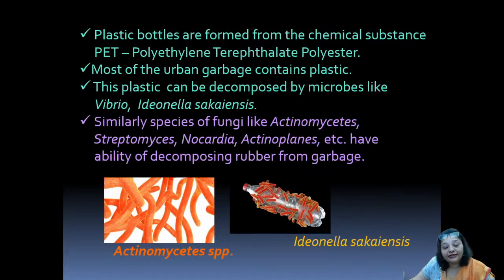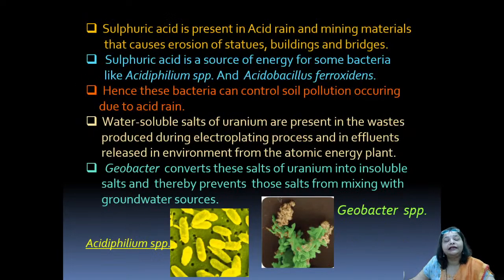Okay, so you can see Ideonella, how does it exactly stick on the water bottle? That is just a representation, as well as actinomycetes that help in decomposing the plastics. Plastic bottles, PET bottles. Let us see, there are other ways in which microbes are used.